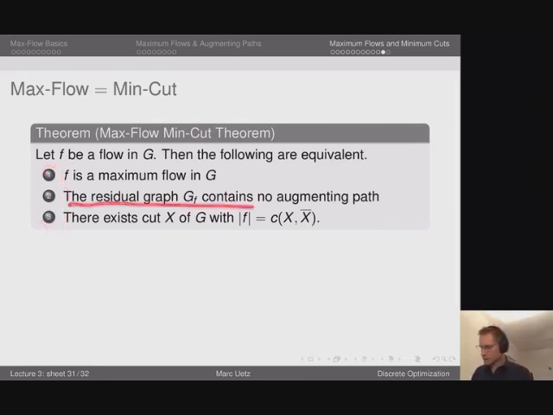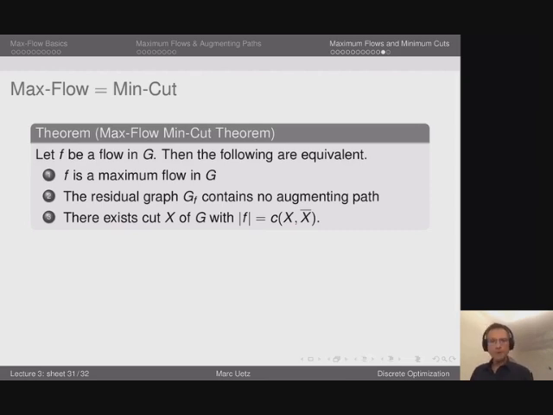While this one is a so-called primal characterization of maximum flows, this one is actually a dual characterization of maximum flows. And I would like to finish with a short remark about the magic or the power of this dual characterization.